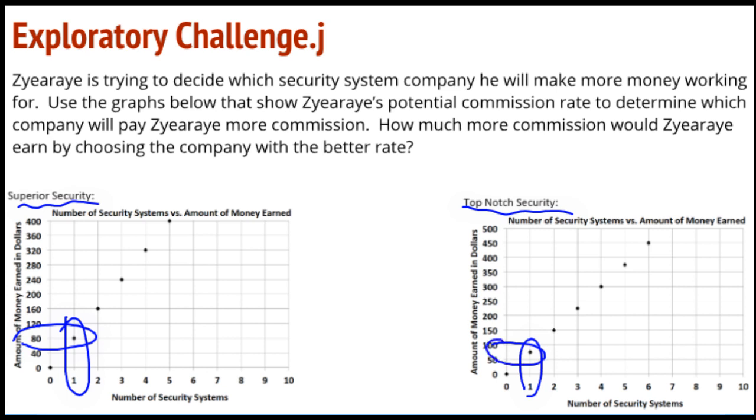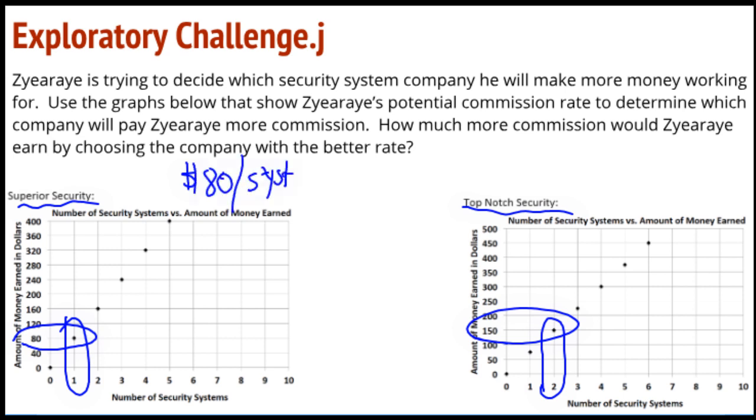So I think what I'm going to do here, because I don't like guessing, is come up to the 2 here and work with that. And so I can see on Superior Security that we've got $80 per system. And over here I've got $150 per 2 systems, so I'll need to do a little scaling.